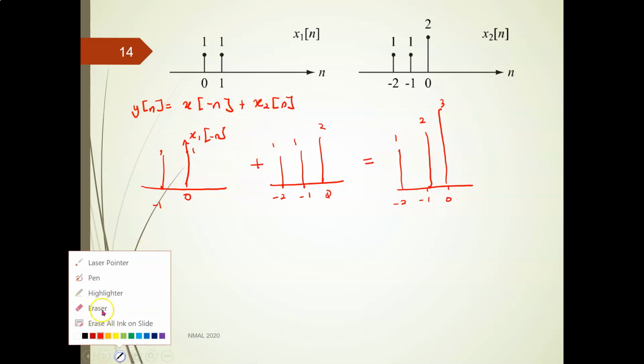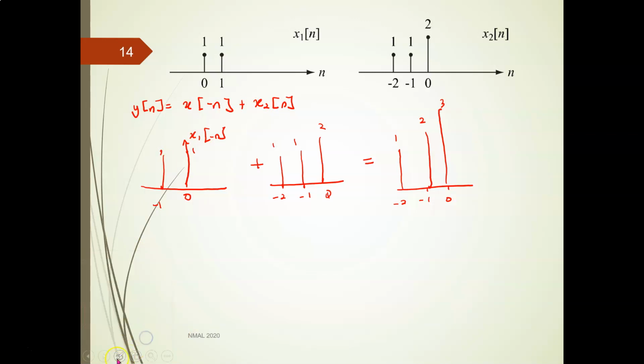For the next question, change this one first. It involves shifting: y[n] is equal to x1[n], sorry, this is x1[n] plus x2[n-3]. So x1 here is the same. It has 1 value at n equal to 0 and 1.